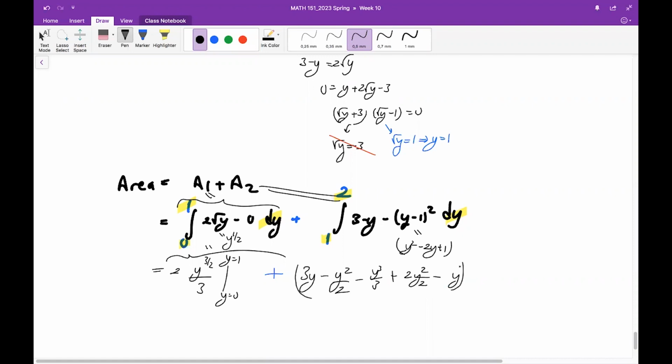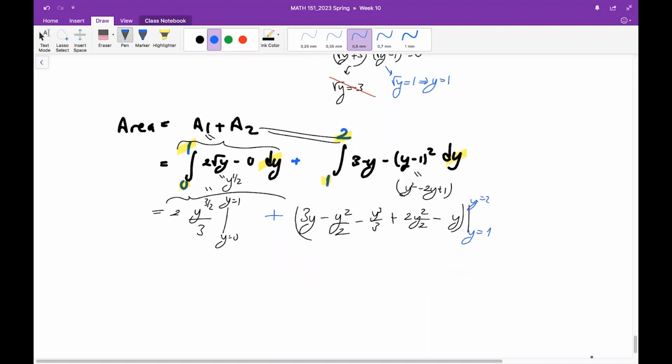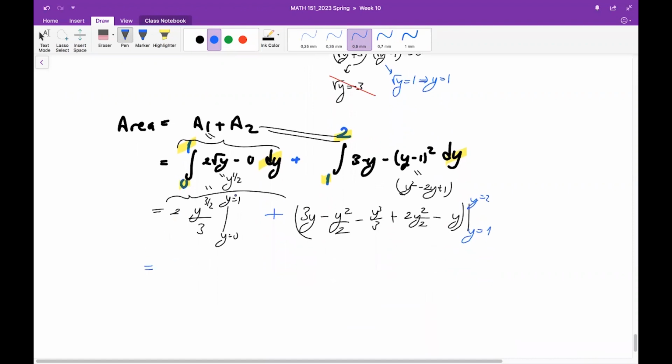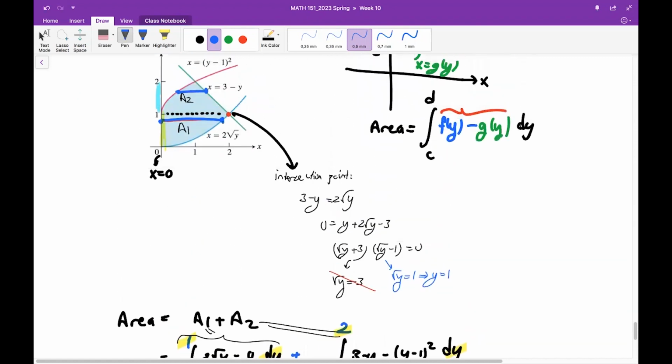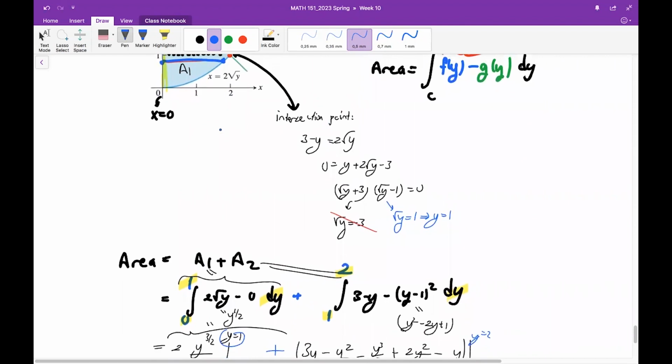So this expression is the result of the integral. Then you will evaluate this expression for the upper and lower boundaries of y. I will leave the insertion of the upper and lower boundaries to you. At the end, you will find a real number, which will give you the area of the shaded part. Okay, that's it.